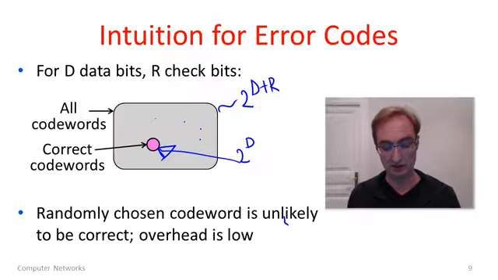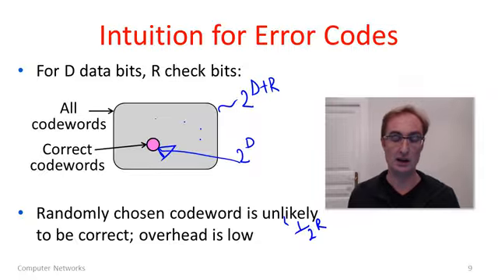In fact, the chance of it being correct would be 1 over 2 to the R. That's what you get when you take 2 to the D and divide it by 2 to the D plus R. 1 over 2 to the R gets fairly small as R gets large. If you have 16 check bits, for instance, you've got a 1 in 65,000 chance of accidentally picking a code word.